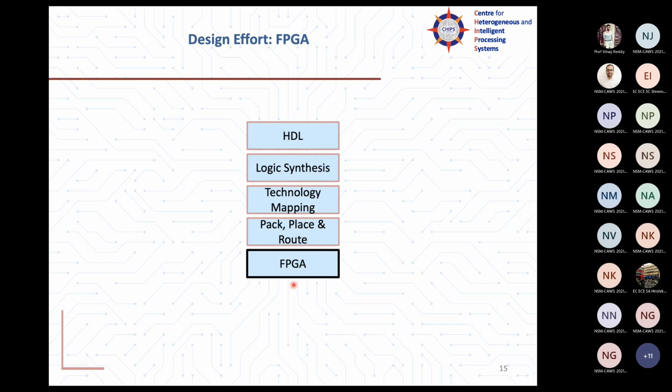You still have to comply with all the previous phases: you have to define hardware, do logic synthesis, technology mapping, placing and routing. But the advantage is that the FPGA is a device you can simply buy off the market and use the same FPGA device for different HDLs, which makes a big difference.